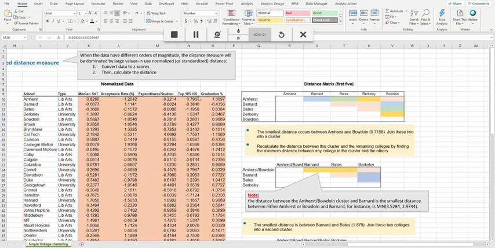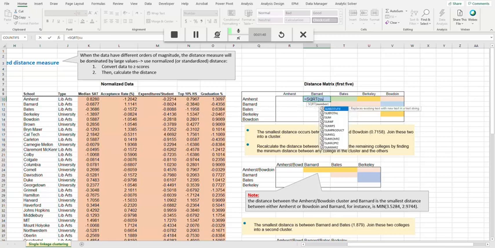The next step is calculating the distance. So I create a distance matrix for the data points that I'm interested in. We are interested in the first 5. So for each pair, I calculate the distance. The function that we are using is square root of sum of (x minus y) squared, and then we choose the array that we want to find the distance for.